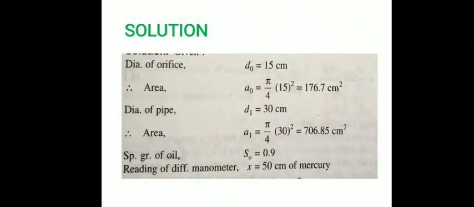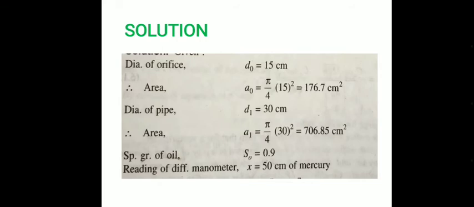First of all, let's list out the given values in the question. The diameter of the orifice is given as 15 centimeter, so DO is equal to 15 centimeter. From this diameter, we can easily find the area of the orifice. AO is equal to pi by 4 into DO square. Then we get the area of the orifice as 176.7 centimeter squared. Clear?